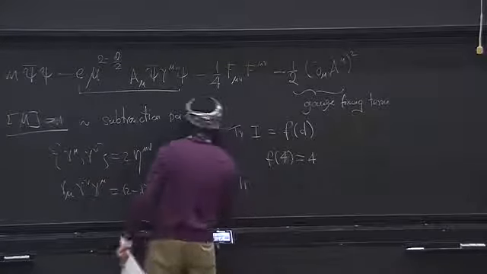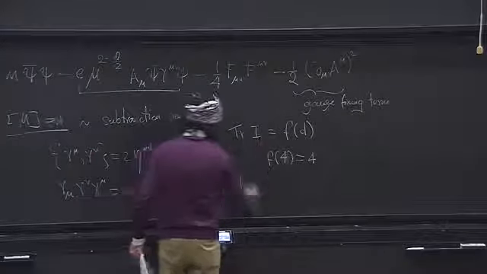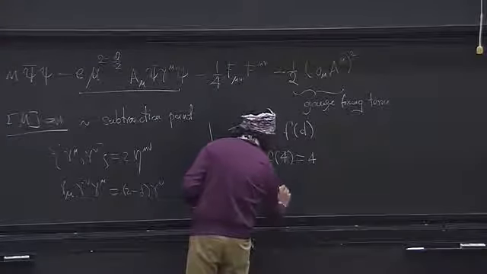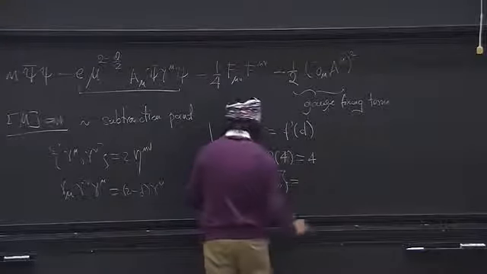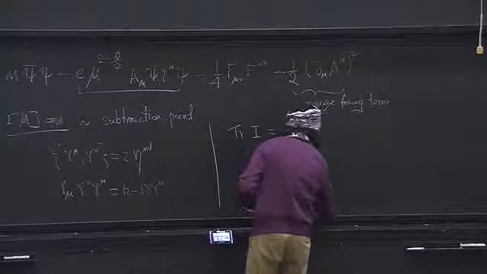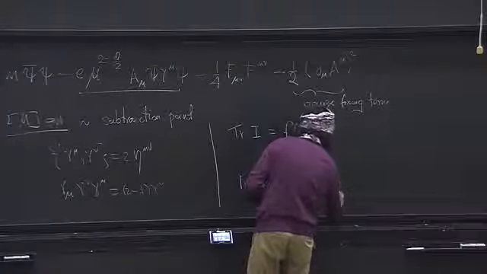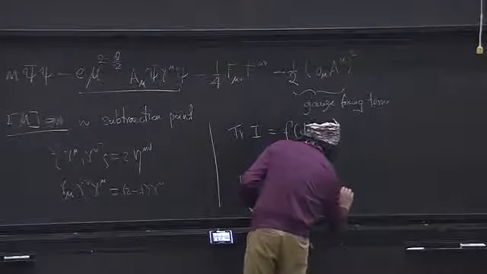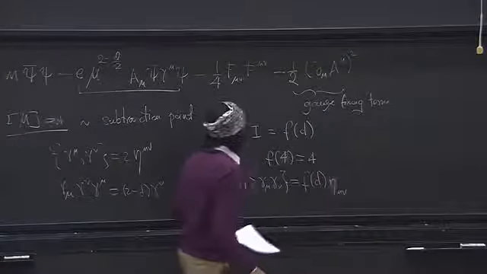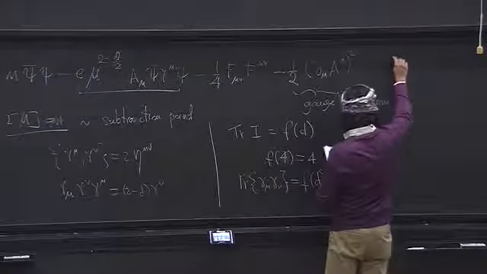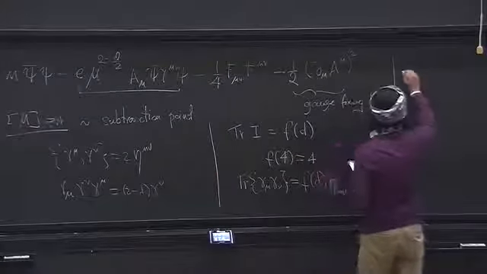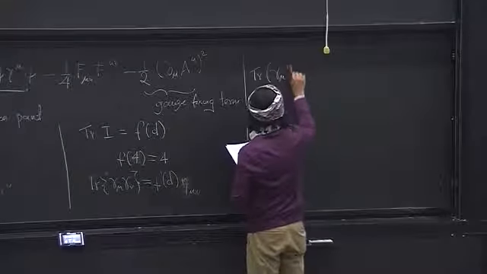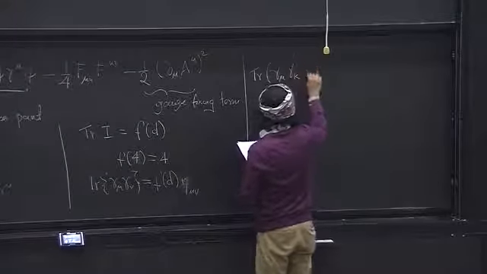So then, using the Dirac algebra and the trace, we find this guy, and then there is also the trace of the 4 gamma matrices.